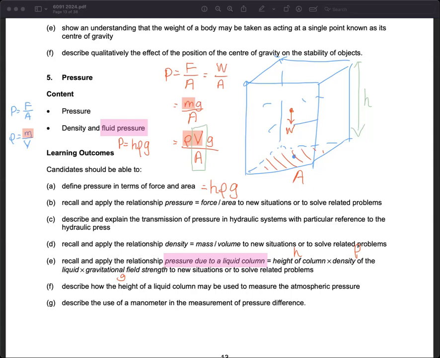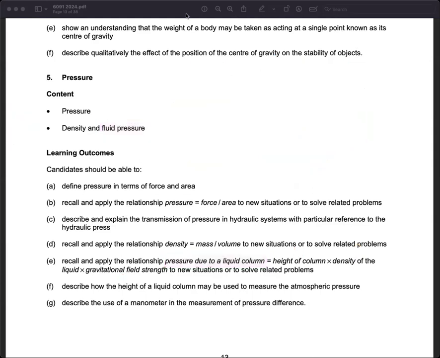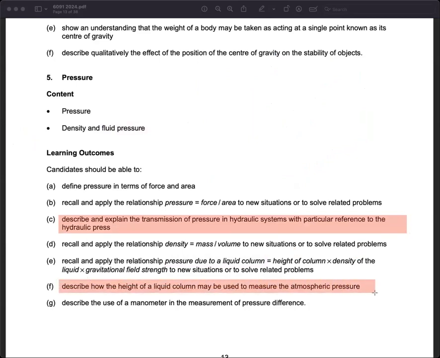Okay, so I will go through some notes to cover the rest. It's very hard to explain without anything here. So I will go through the notes about hydraulic systems, how the height of a liquid column is used to measure atmospheric pressure, and lastly, how to use a manometer. I'll use the notes to help me.